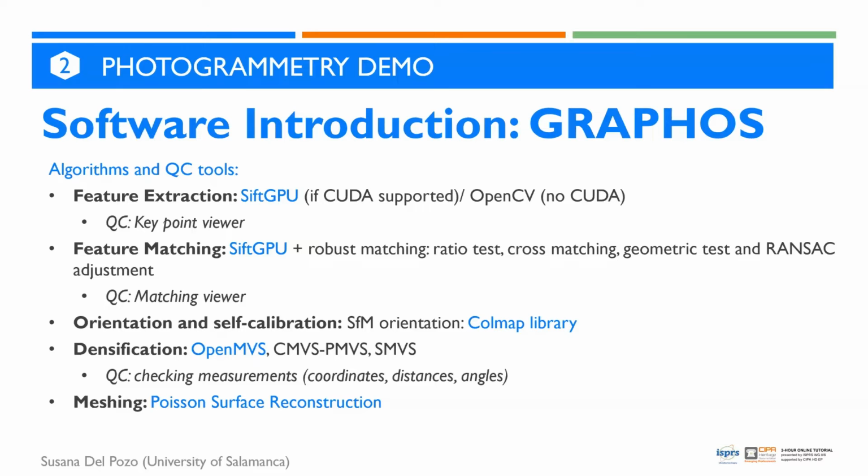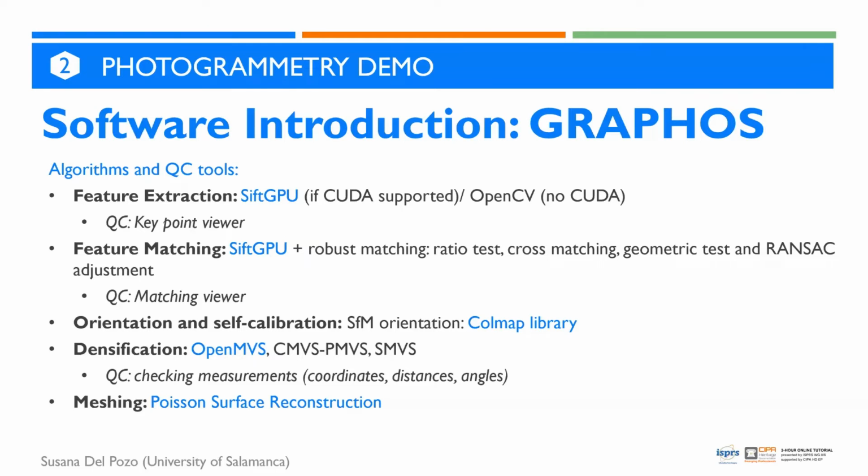After this process, we could see the key points detected in order to control them with the viewer. Regarding the feature matching, again SiftGPU is implemented, in this case with a robust matching strategy that includes a ratio test, cross-matching, geometry test, and RANSAC adjustment. Again, after this process, we could check the matching results thanks to a viewer.